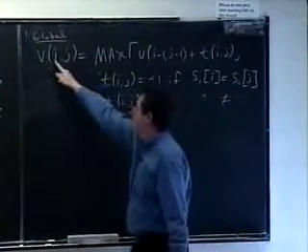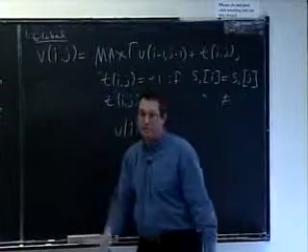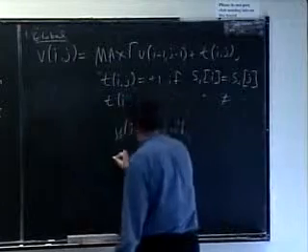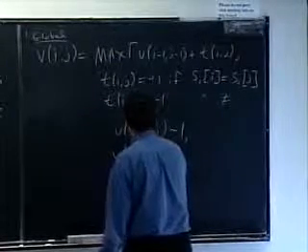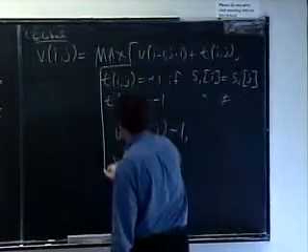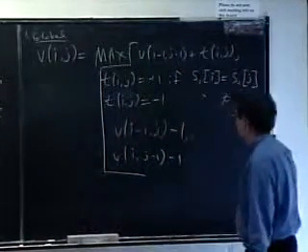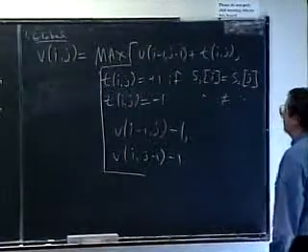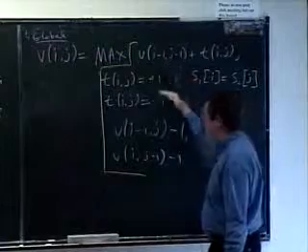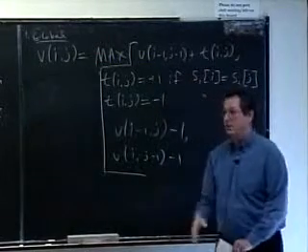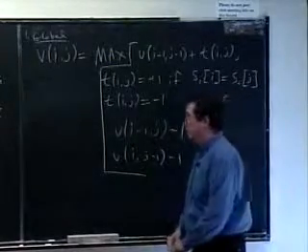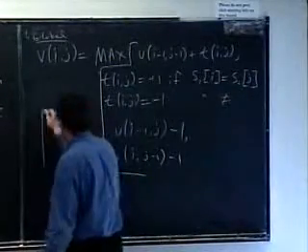So this is a -1, and similarly, V i, j-1, -1. So these are the three or four, depending on how you think about it, possibilities, and these are the global alignment recurrences.